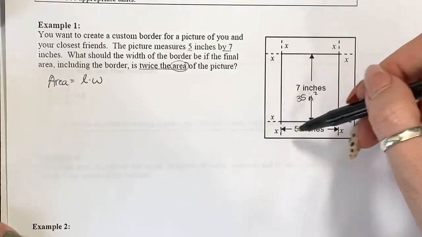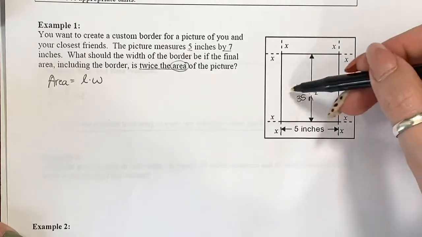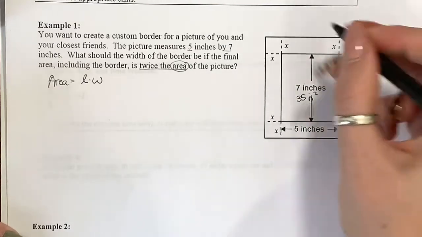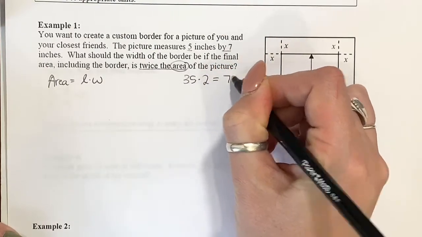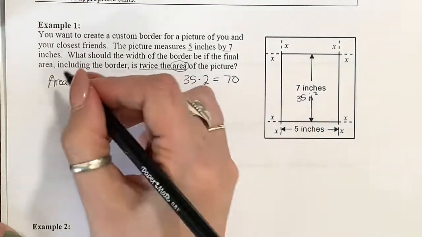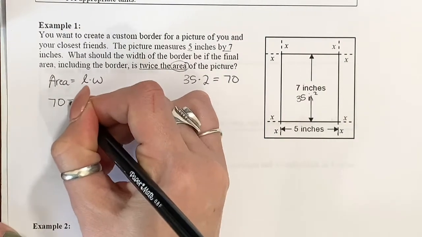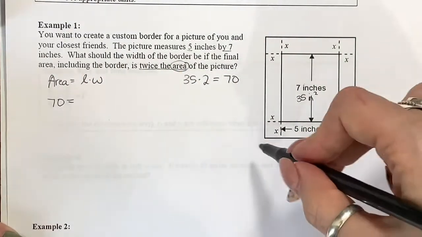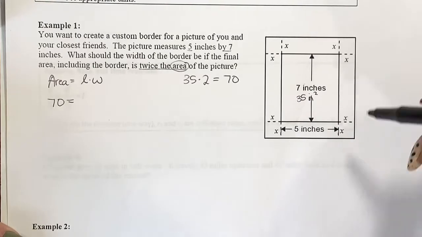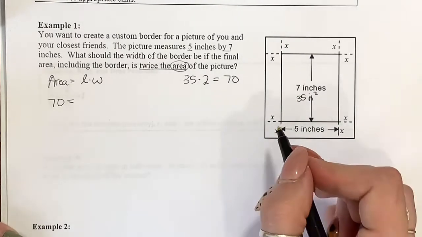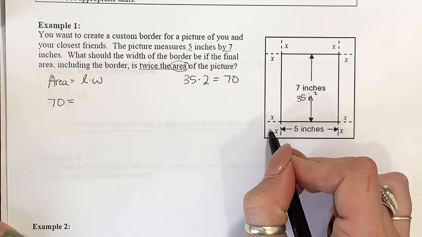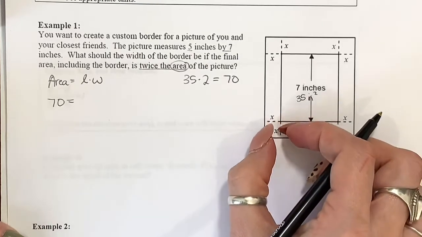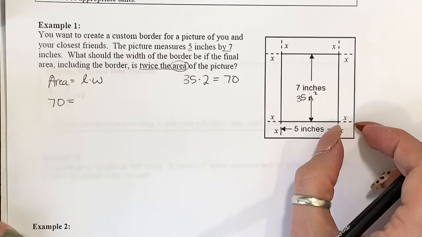So my total area, including the frame, has to be twice that big. So if I do 35 times 2 equals 70, I know that's what I want my area to equal. My area has to equal 70, which is my length times my width. So here's where we have to come up with an equation. We know the original photo is 5 inches across, but we're adding a border on this piece that's x big and x big.